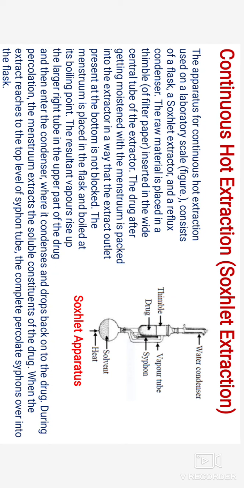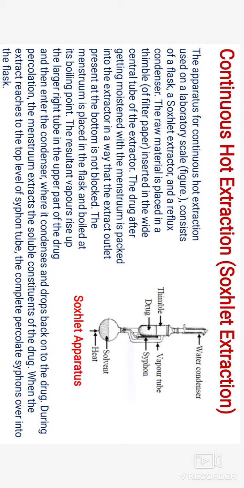So in that, Soxhlet extraction is also known as the continuous hot extraction technique. The powdered plant materials are packed in a thimble. You can see this image of the Soxhlet apparatus.